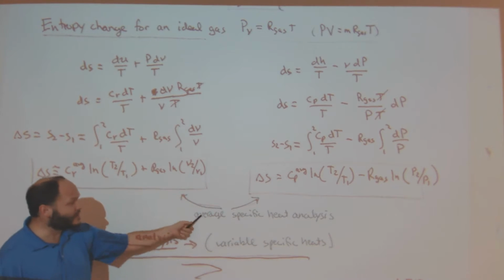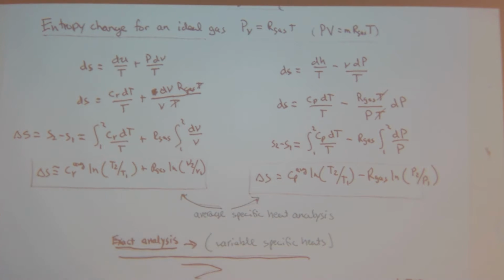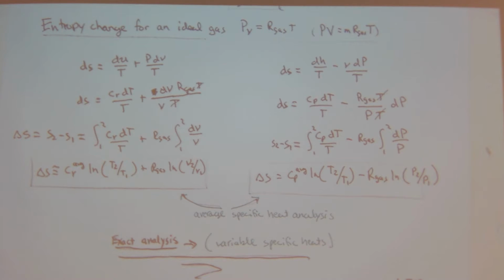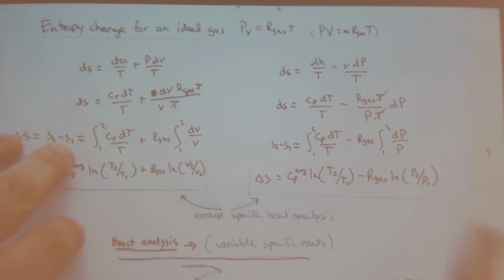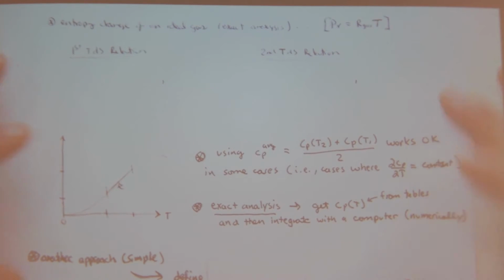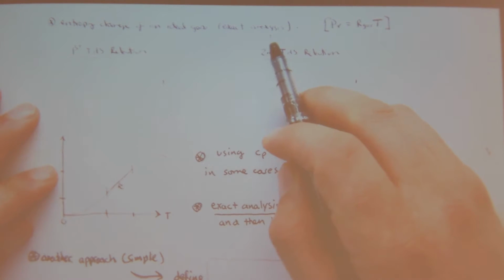So these are based off of average specific heat analysis, right? So a more exact analysis would deal with variable specific heats, right? So not an average.